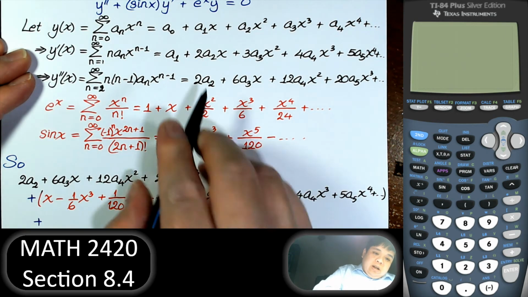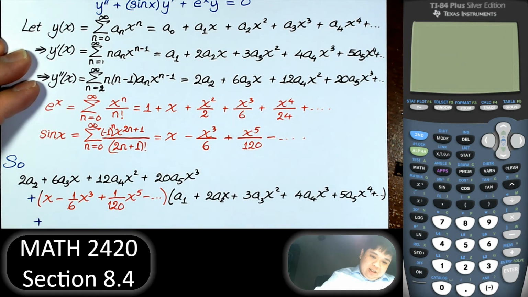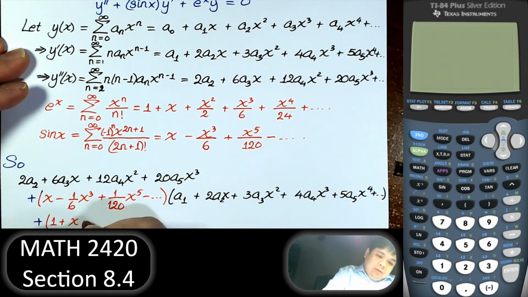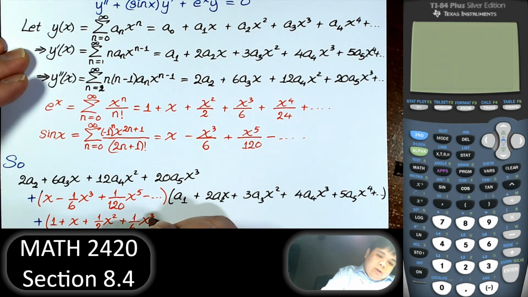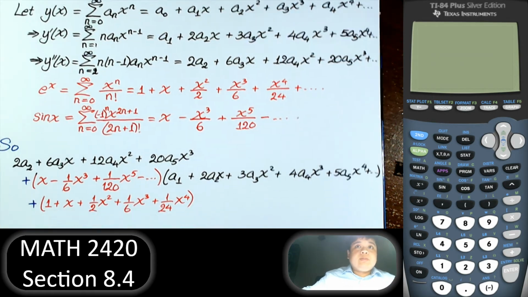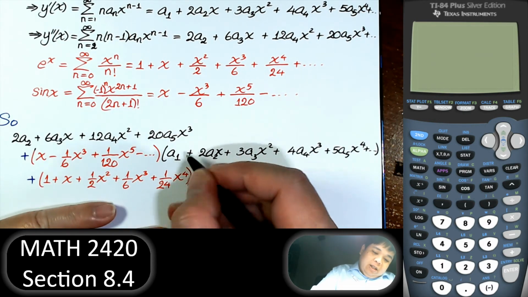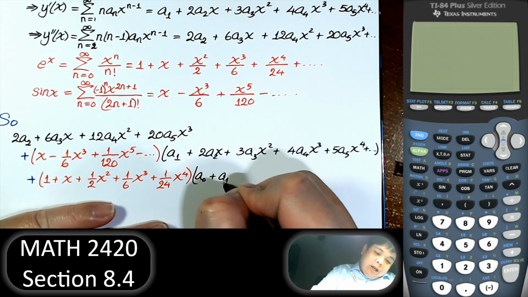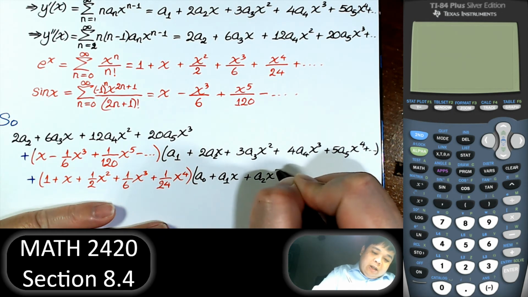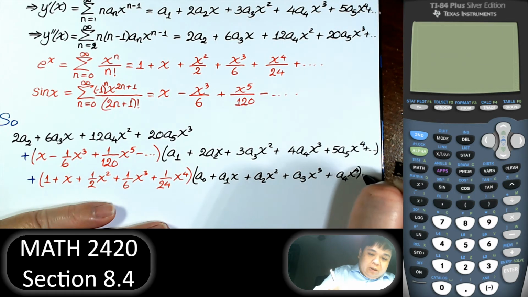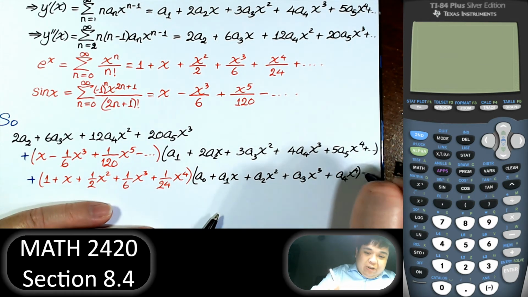And then plus e to the x will be this guy: 1 plus x plus one half x squared plus 1/6 x cubed plus 1/24 x to the 4th, times the function y, which would be a0 plus a1x plus a2x squared plus a3x cubed plus a4x to the fourth, and all of that equal to 0.